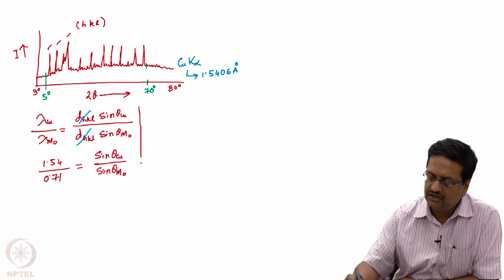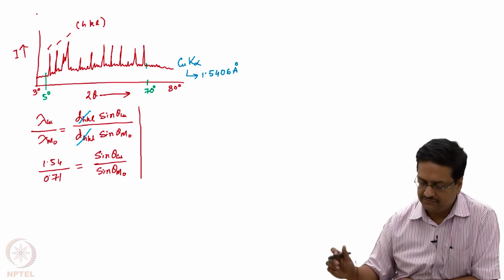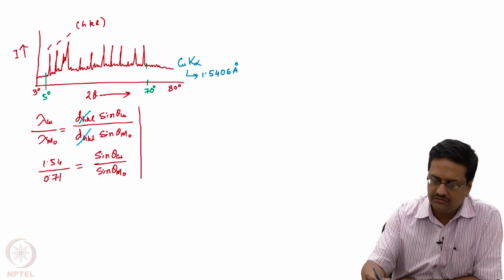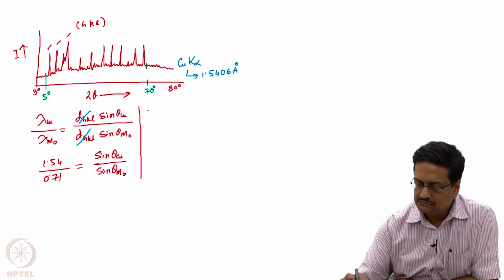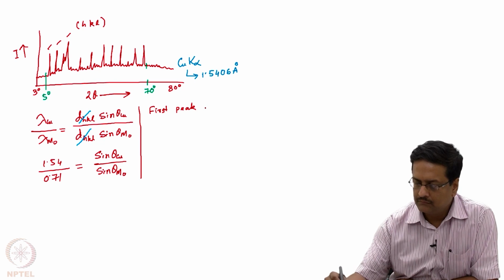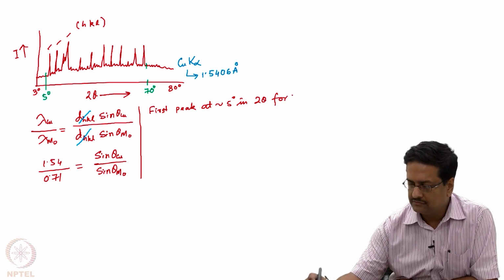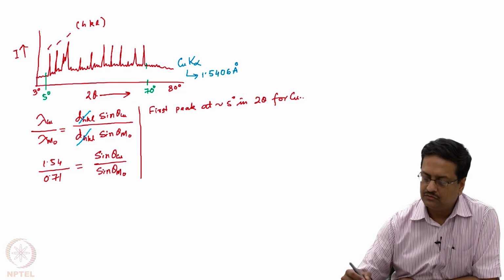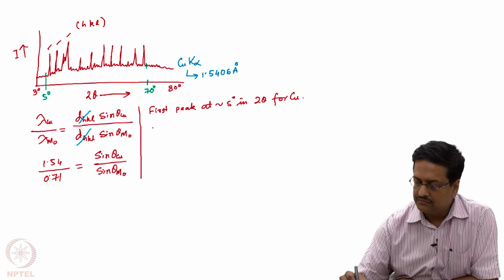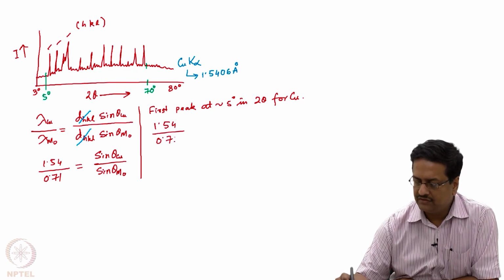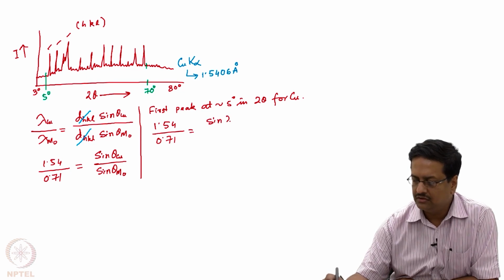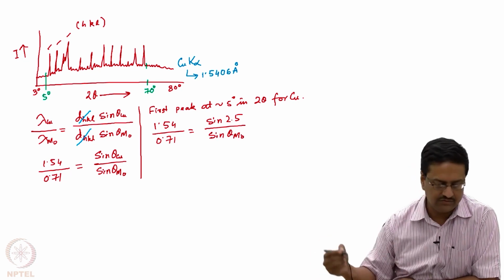Now in this particular data, where we have the first peak coming around 5 degrees in 2 theta for copper, for the first peak we can write 1.54 by 0.71 equal to sin 2.5 divided by sin theta molybdenum.